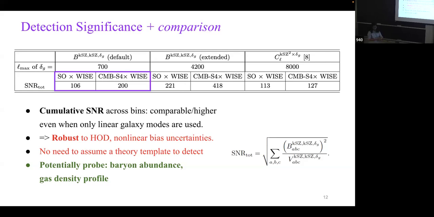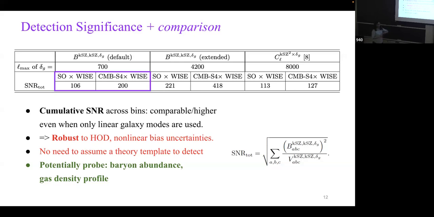As you go from ACT data to SO data, the detection significance for this estimator is going to go up by a lot. And as I mentioned earlier, because you are not using the nonlinear galaxy bias dominated modes, it gives you better control over those uncertainties.